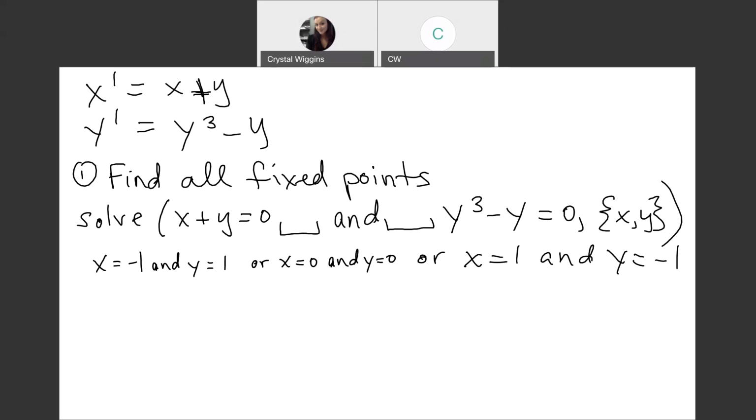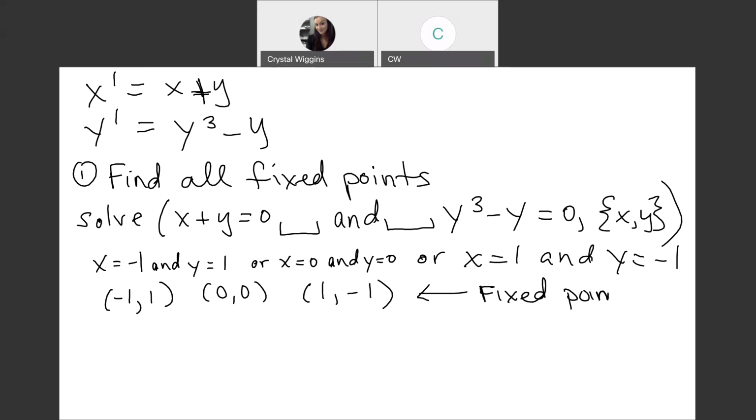So we know our fixed points are (-1, 1), (0, 0), and (1, -1). So we have 3 fixed points. Kind of nice that our calculator will do that for us, makes it simple. But now we need to do the work. Now we need to do the Jacobian part for these fixed points.